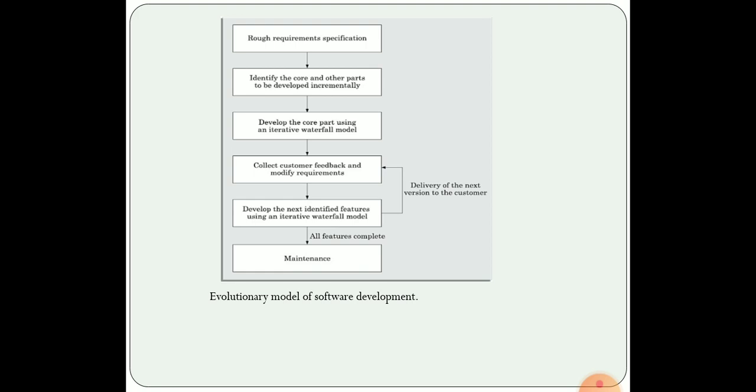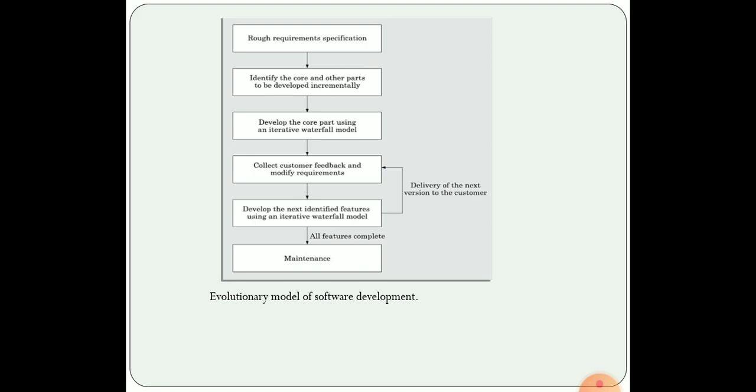And after all the features are complete, the fully developed software would be handed over to the customer. That means after developing all the other features of the software, that means the actual core modules as well as the non-core modules are developed, and all the intercommunication between the core modules and the non-core modules are developed.